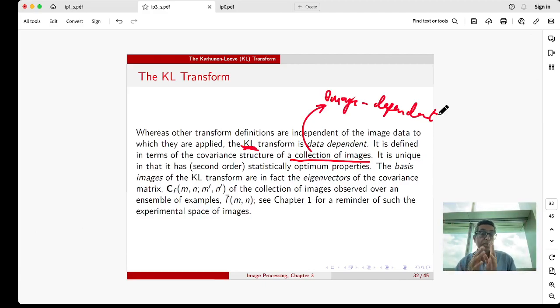So let's say we do 50. The eigenvectors corresponding to the top 50 eigenvalues of that big 256 by 256 covariance matrix. And those top 50 eigenvectors you wrap back into images, and you call those images eigenimages, which kind of makes sense. Those eigenimages can then be used to project whatever images you want to represent against.